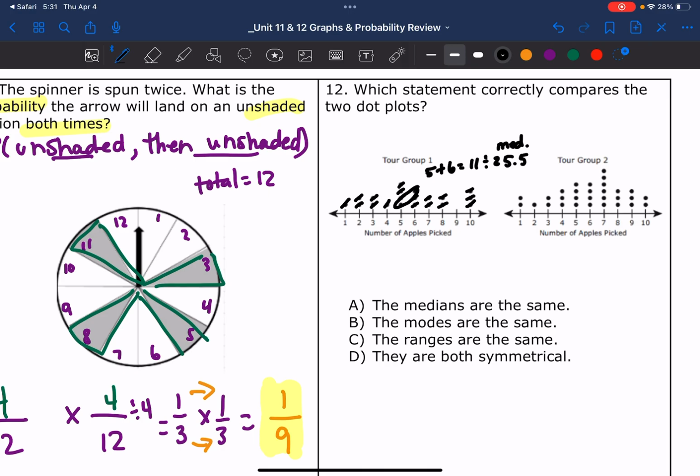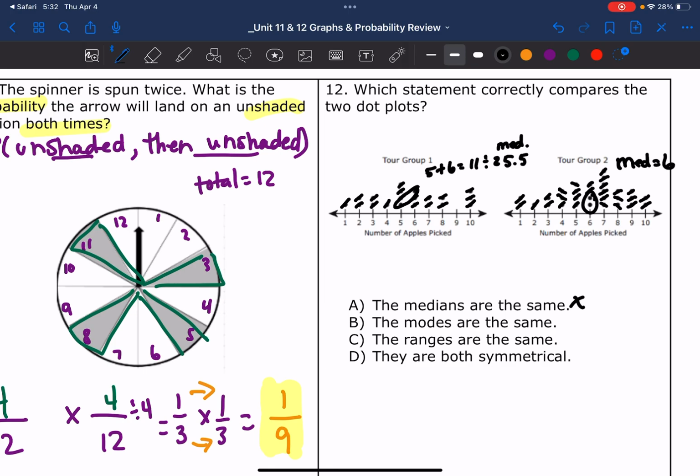Let's take a look at the other one. So here, crossing off on each side, this is a little bit time consuming, but I promise you, you get the answer correct if you do it right. And this one is 6.